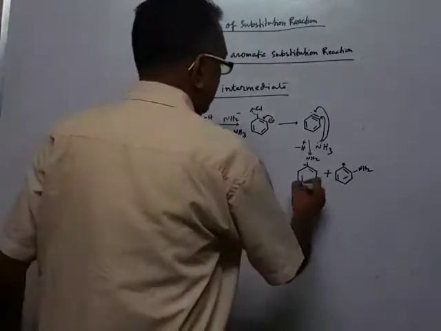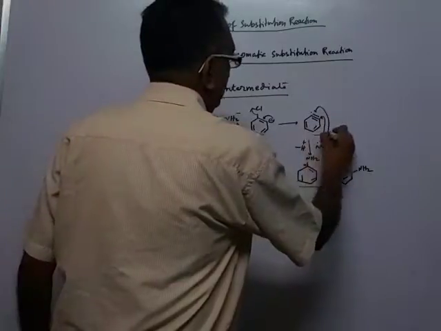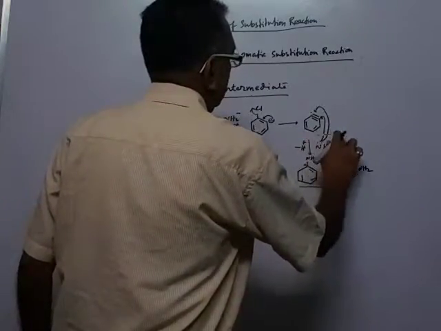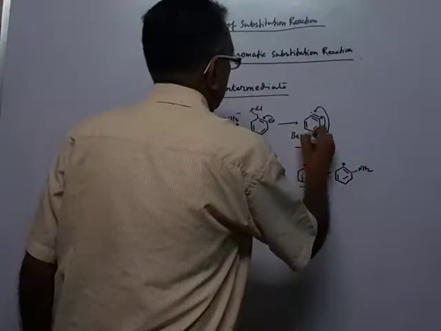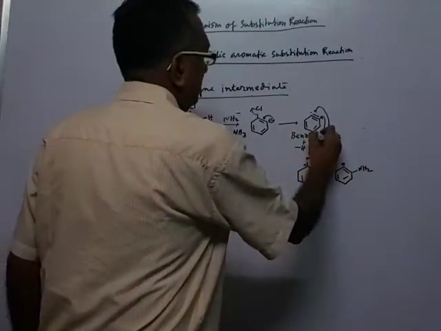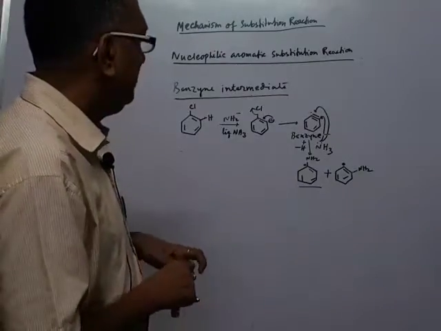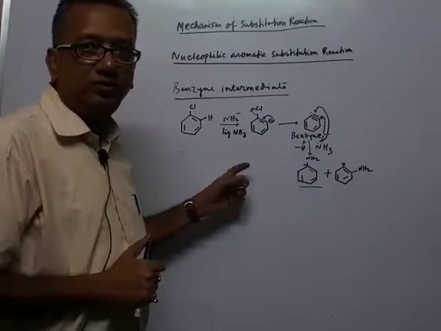So this indicates that a benzyne intermediate is formed. So this is another type of nucleophilic substitution that takes place in the case of aromatic compounds.